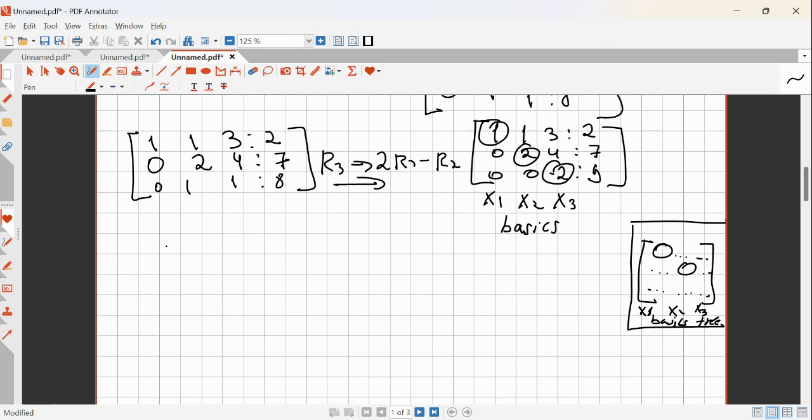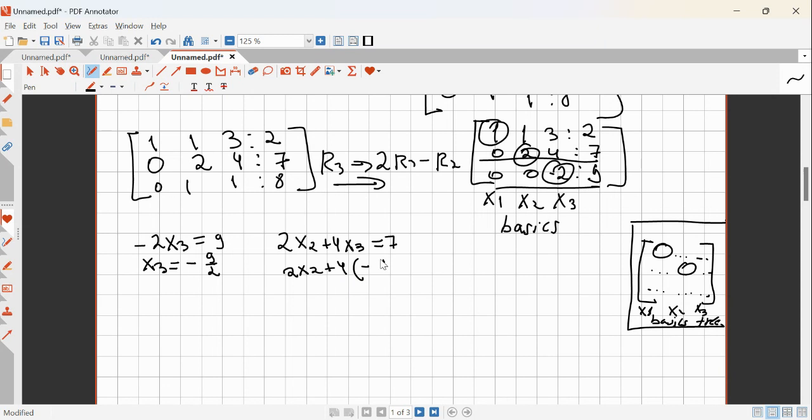So let's find our variables. Minus 2 x3 equals 9 from this row. So x3 is going to be minus 9 over 2. Let's revise the second row. 2x2 plus 4x3 equals 7. 2x2 plus 4 times minus 9 over 2 equals 7.